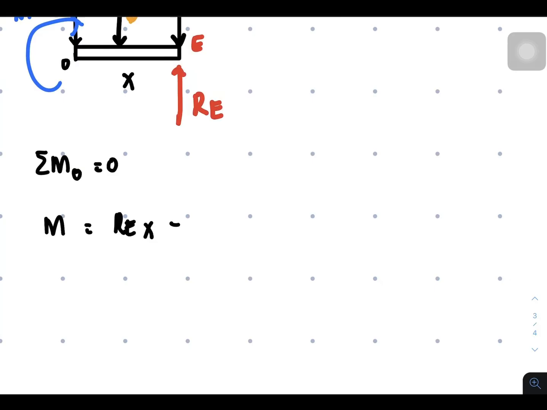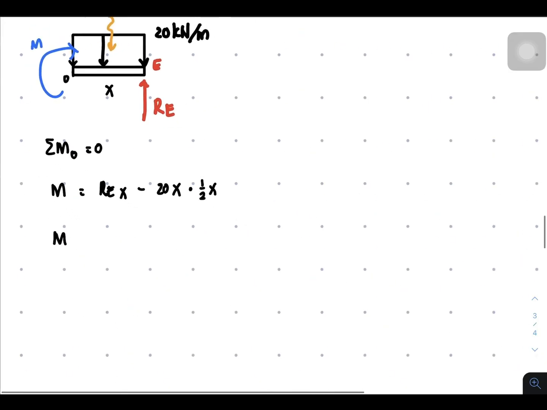It's 20 times x times 1/2 of x. So substitute RE, it's 190 over 3 plus 2/3 of p times x minus 20 divided by 2, it's now 10 x squared.